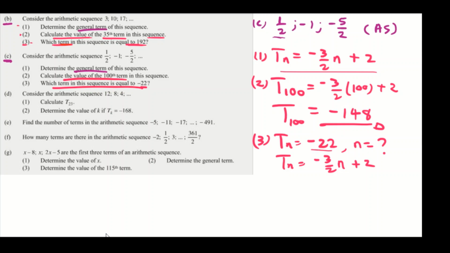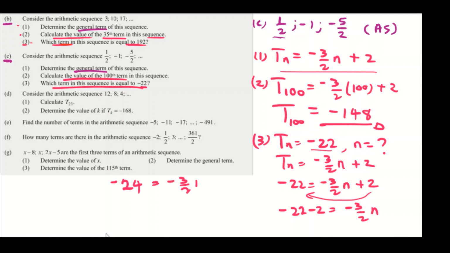So -22 equals -3/2 n plus 2. Transpose the 2 to the other side. We're going to have -22 minus 2 is equal to -3/2 n, and then -24 is equal to -3/2 n.